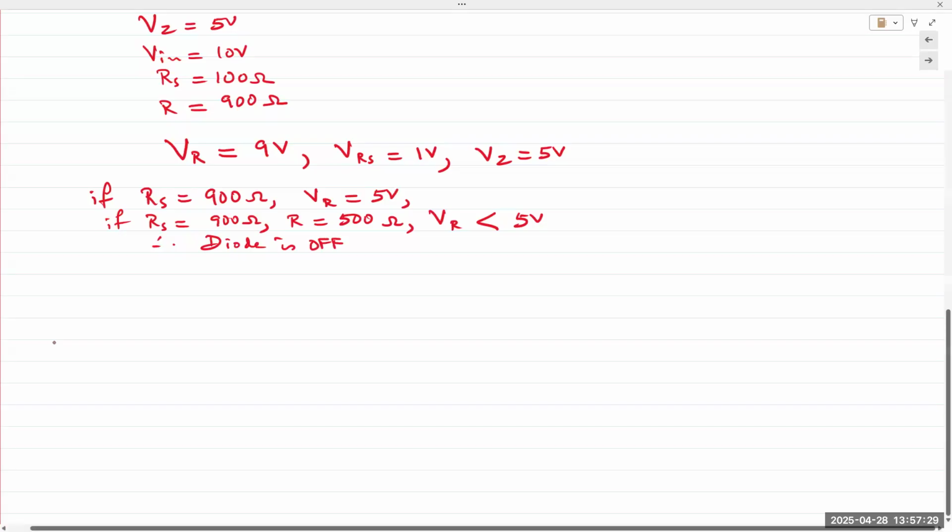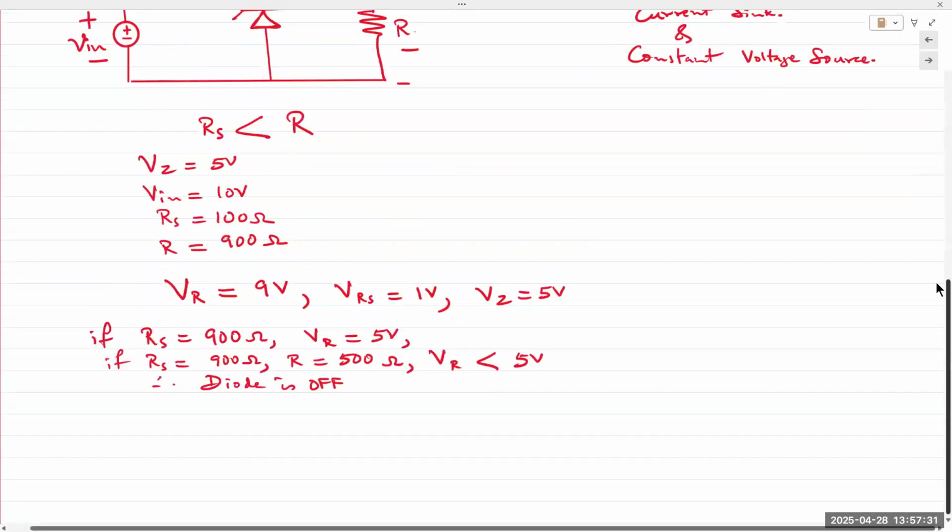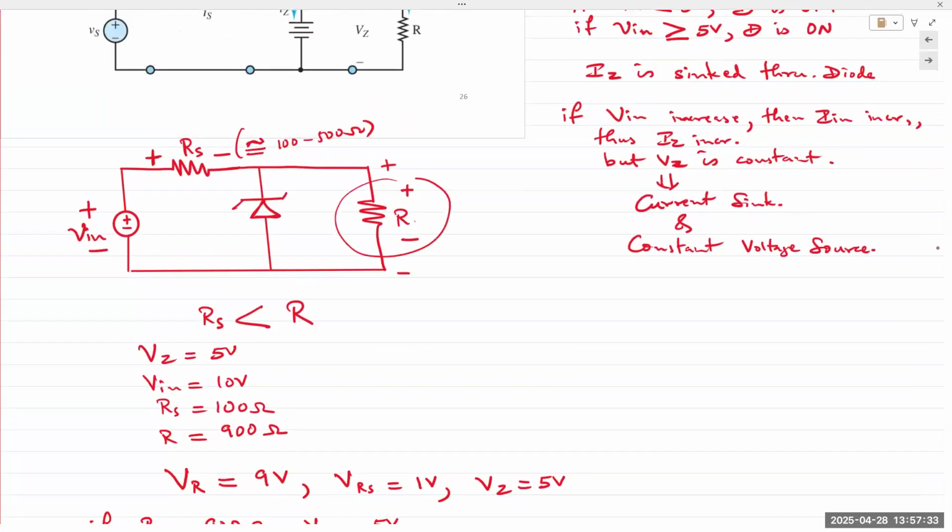Because this R is small, instead of the maximum current going through the Zener diode, most of the current would go through here, causing a smaller voltage drop. If it's a smaller voltage drop, your Zener diode is not going to turn on. So the Zener diode regulator circuit requires a design where there is a minimum value for the load resistor.